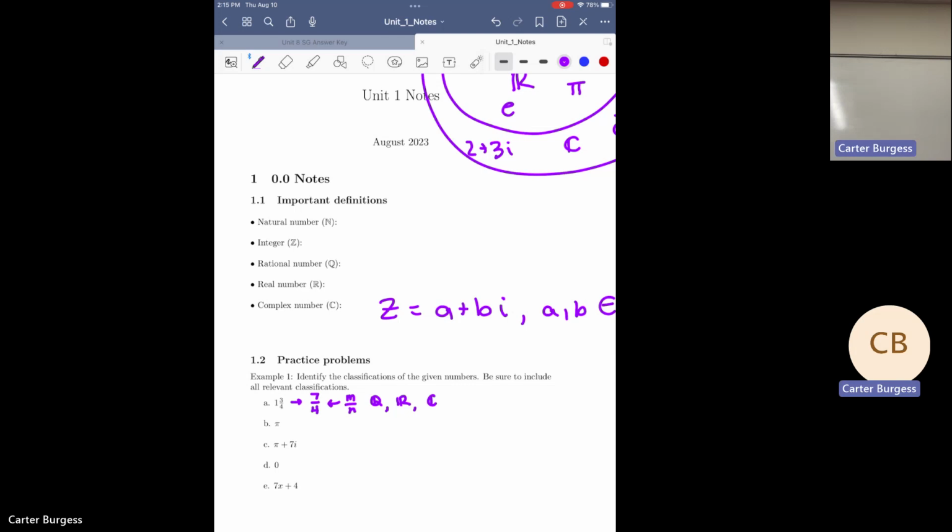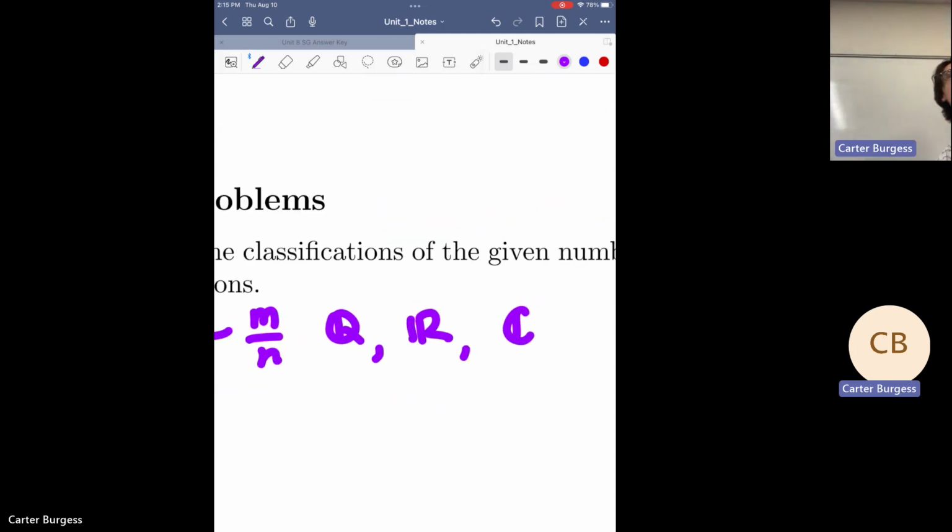So it is a rational number, but on top of that, it is also a real number. It is also a complex number. The TLDR here is you're always going to say yes to complex number. If I ask the question, is it a complex number? The answer is just yes. And then you're working your way on. But I think this way of eliminating from the inside is a little bit helpful. And as soon as you find one that works, the rest all work.